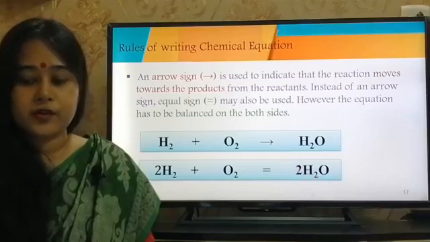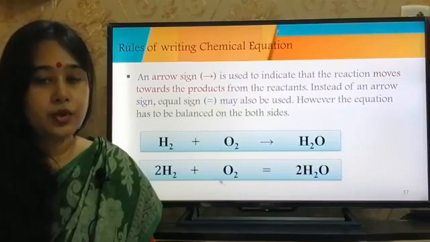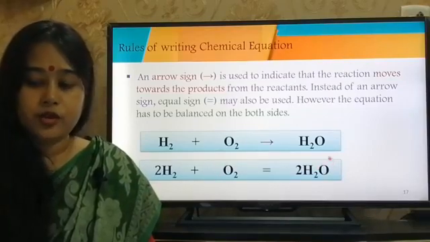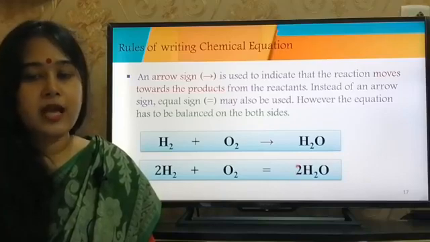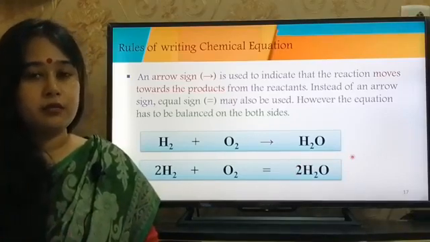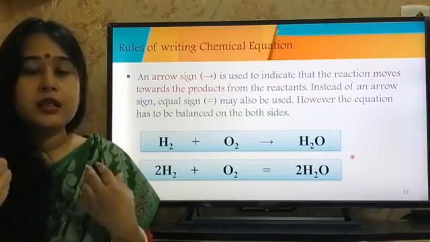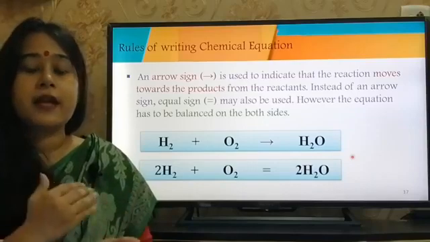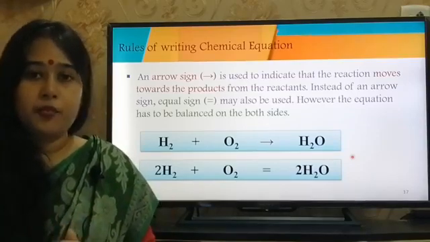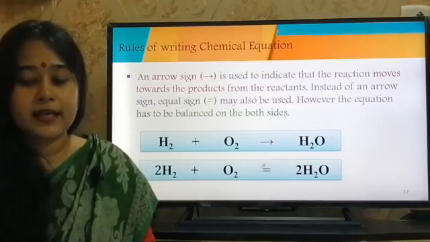And on the reactant side we have 2 oxygen atoms, as well as on the product side we have 2 oxygen atoms. So on the left hand side and right hand side, that means on the reactant part and the product part, the number of atoms is the same. That's why now we can use the equal sign here.